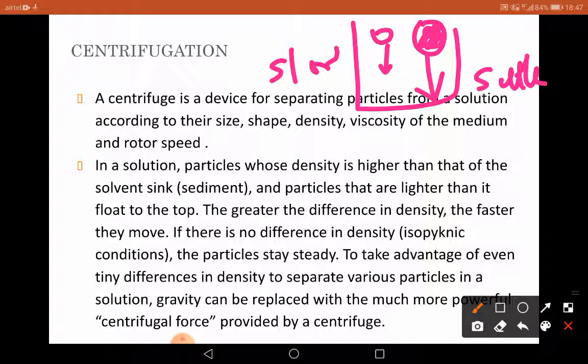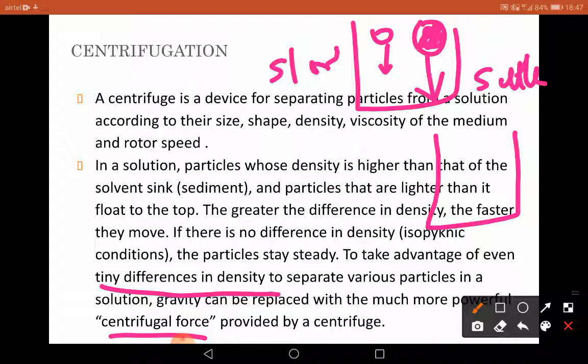To take advantage of even tiny differences in density to separate out various particles in a solution, gravity can be replaced with a much more powerful centrifugal force. If we take water in a beaker and put in sand particles, sand is a mixture containing particles, stones or pebbles of different sizes.